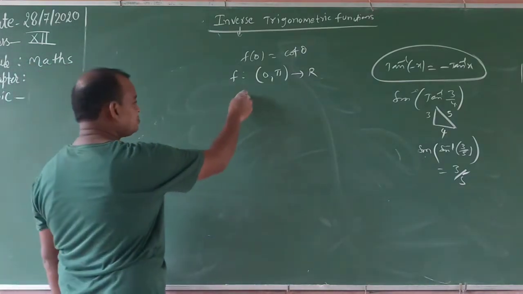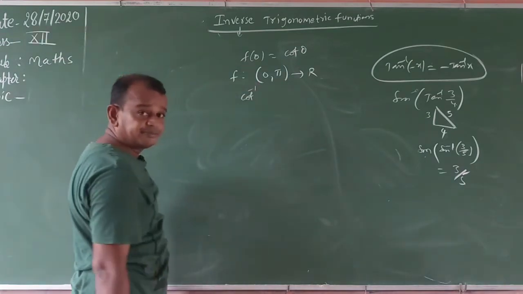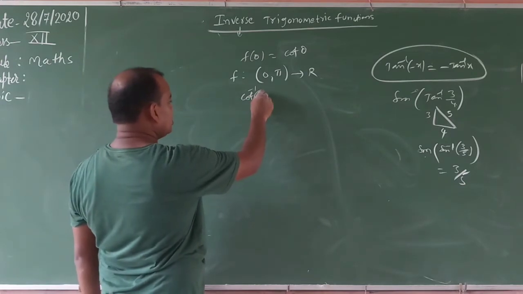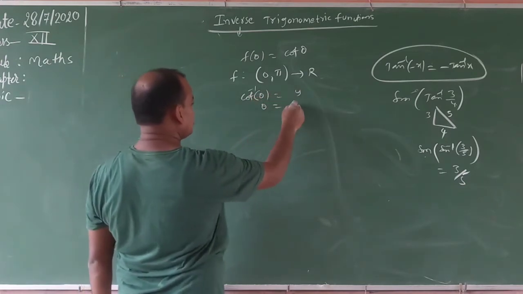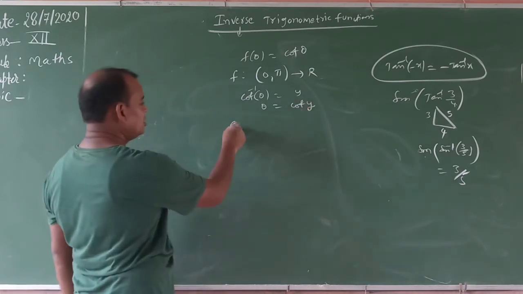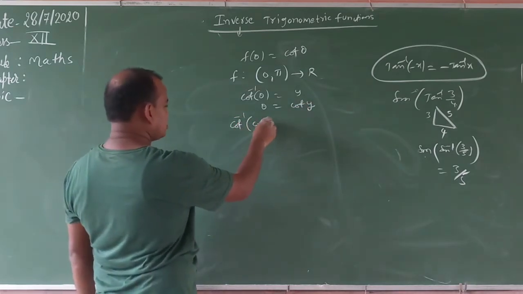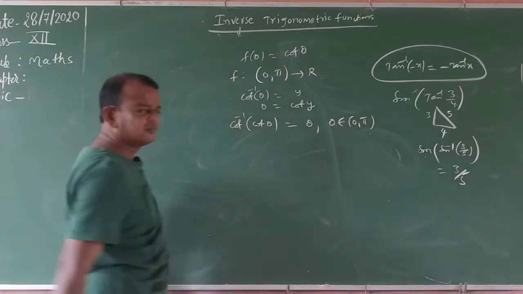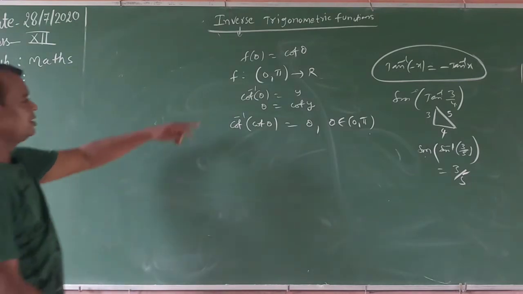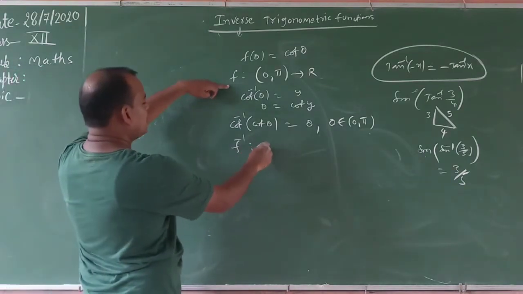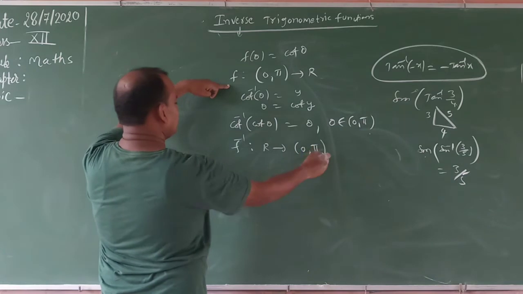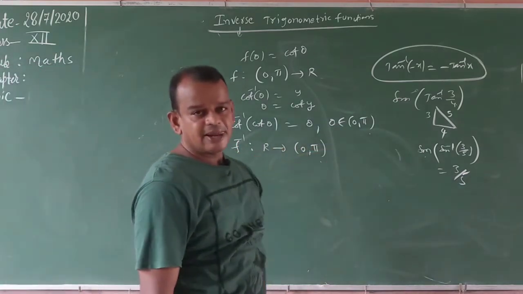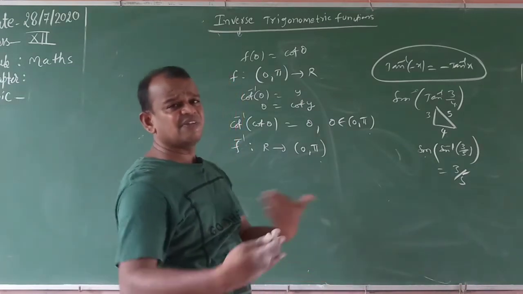Now cot inverse: theta is equal to y, so theta is cot y. Cot inverse of cot theta equals theta, where theta belongs to 0 comma pi. Simple. The domain of cot inverse of x is R, and the range is 0 comma pi. All formulas are the same, okay?